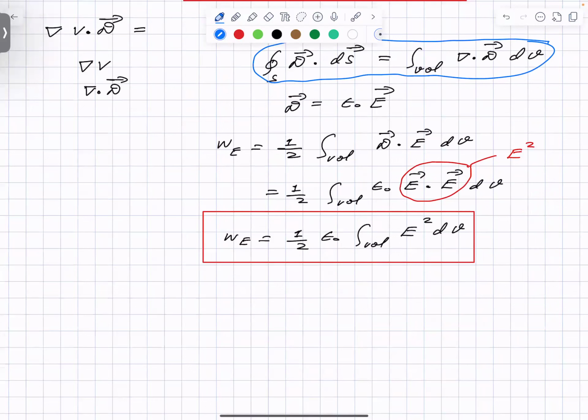The expression that we want to focus on is this one. If we know the electric field intensity in any region, then we can compute the energy stored in that field.